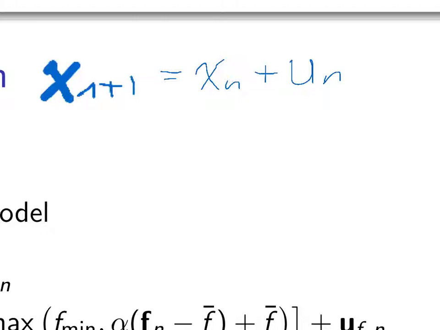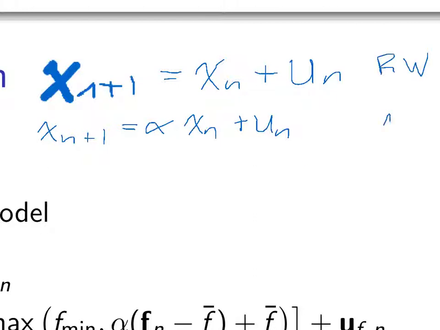It doesn't matter if the average is 1 or 5, if what you're trying to track can wander off and be whatever it wants to be. It's not biased on average towards any value. But we've also been using an autoregressive model sometimes, where you say x of n plus 1 is equal to some alpha times what it was, plus u of n. So this is the random walk model, and this is the autoregressive model.